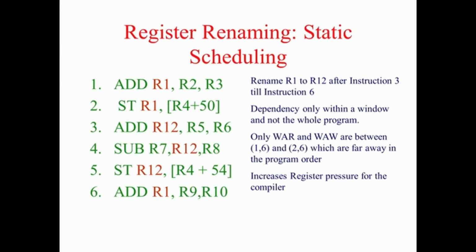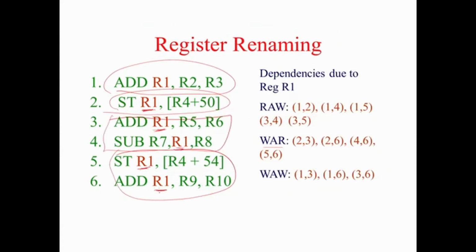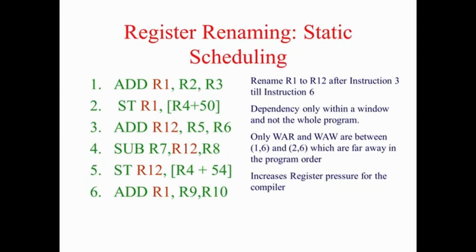When I replace this R1 with R12, all these hazards that were there, this WAR and WAW, are completely gone except for 6. So the only WAR and WAW are now between 2 and 6, between 1 and 6, and 2 and 6.